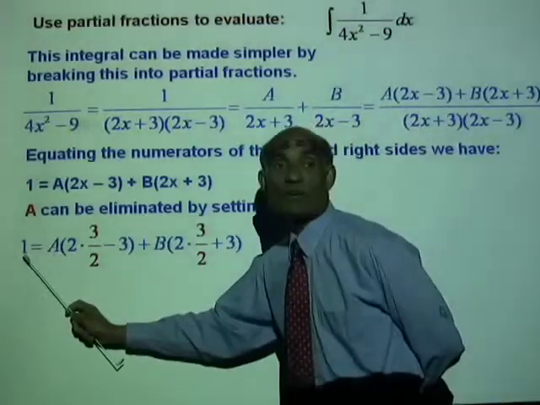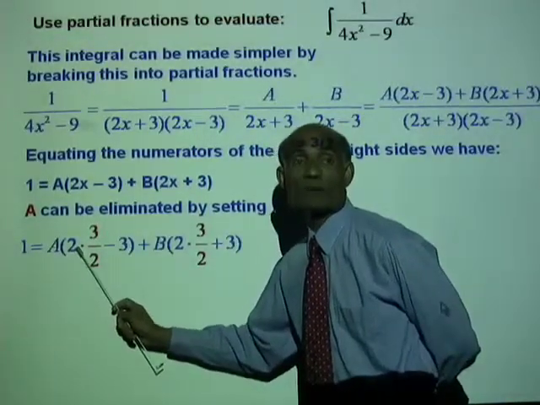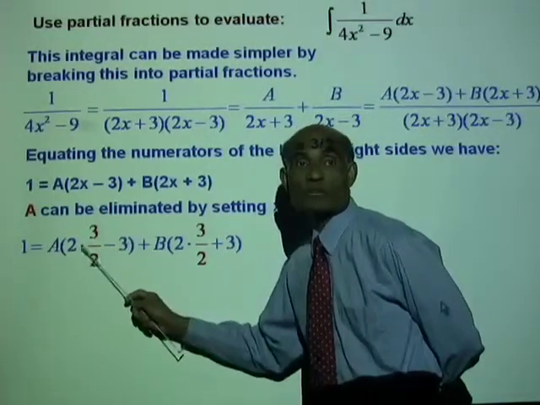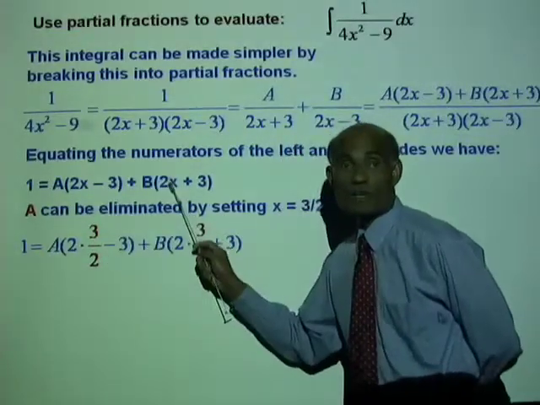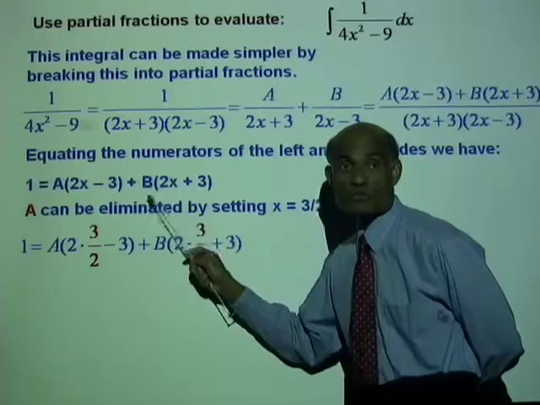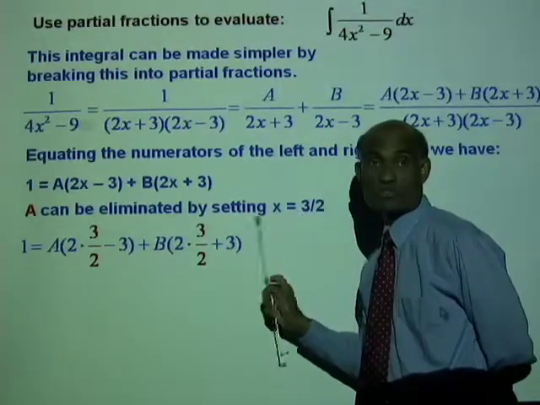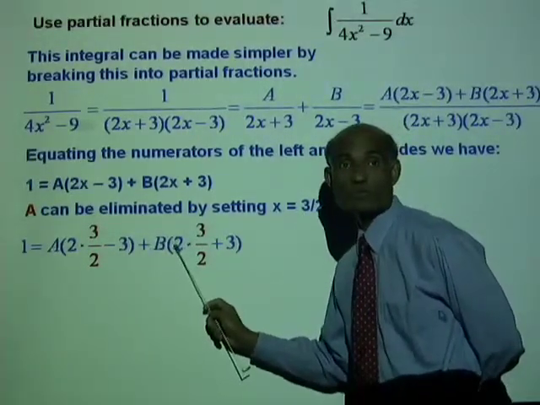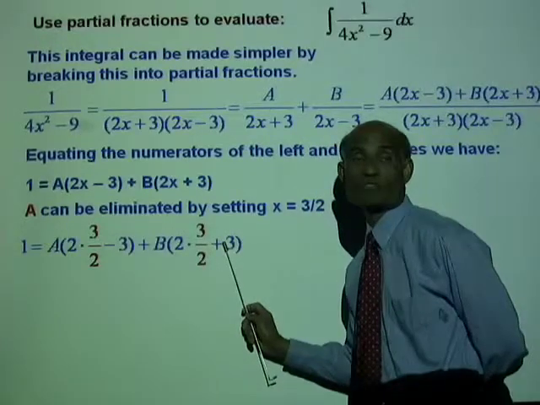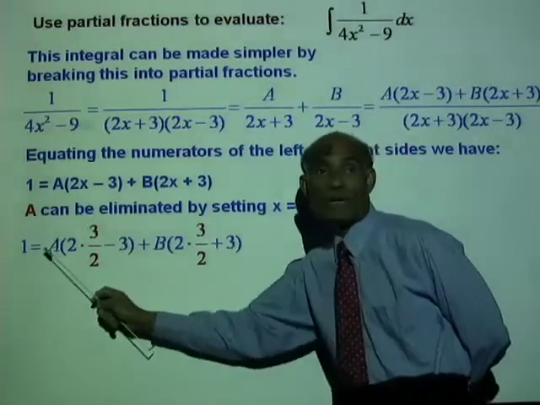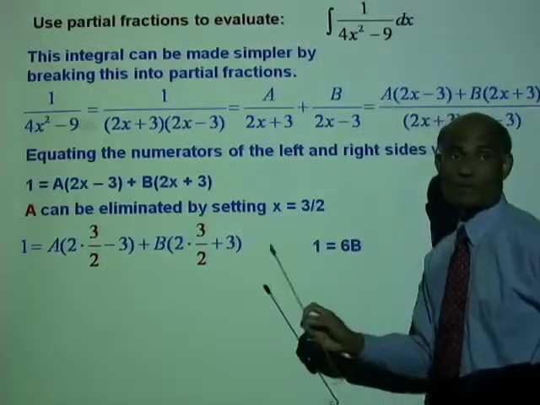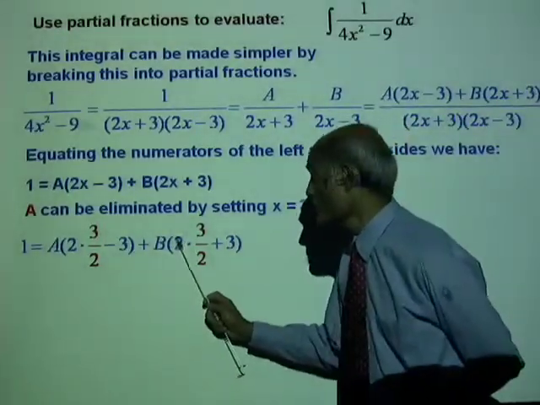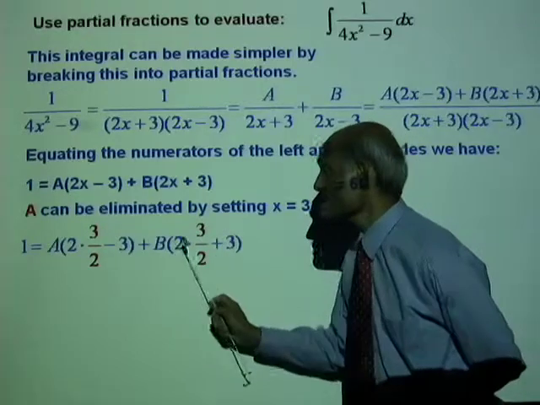So we get 1 equal to a times 2 times 3 over 2 minus 3 plus b times, remember every x needs to be replaced by whatever we choose. So that will be b times 2 times 3 over 2 plus 3, and that will eliminate this. Is that right? And this will be 3 plus 3, 6b.